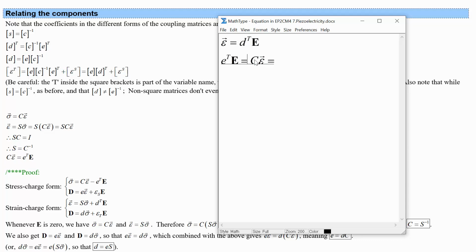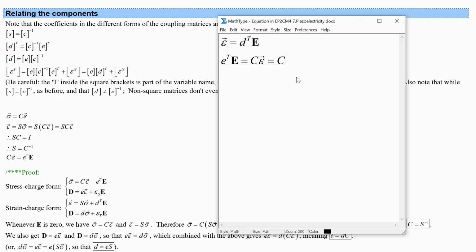Actually, let's even rearrange even further. So still with us? Still with me here? We've got epsilon vector is equal to D transpose E in the event that sigma is 0. And sigma 0 in this one allows us to rearrange E transpose times the electric field is equal to the stiffness times the strain.